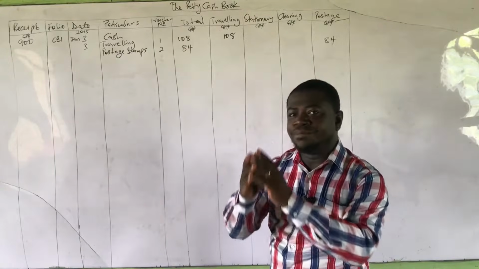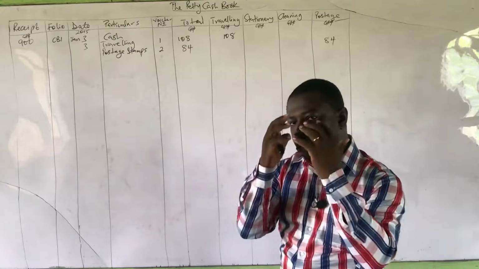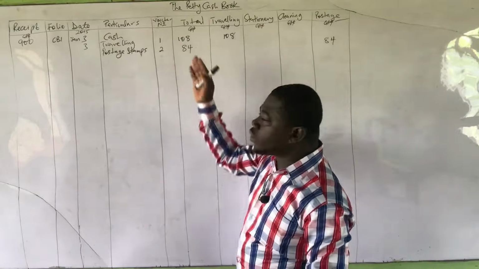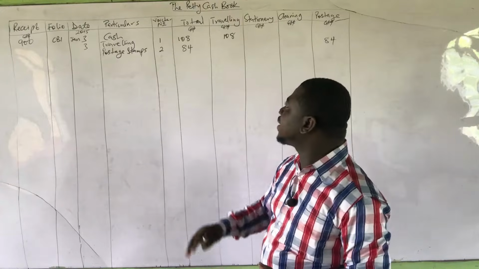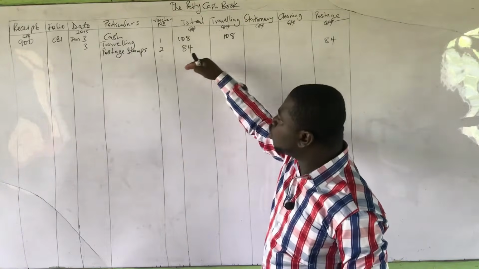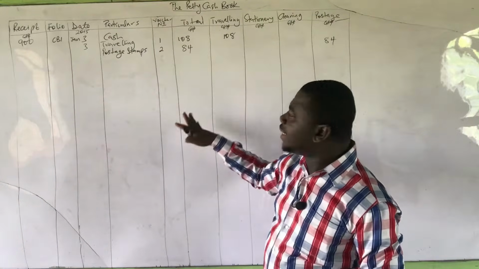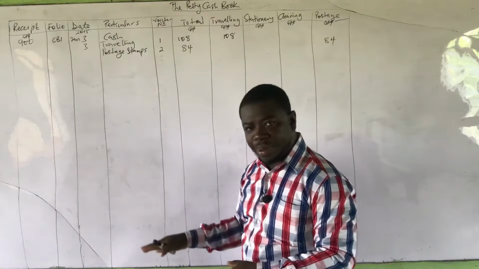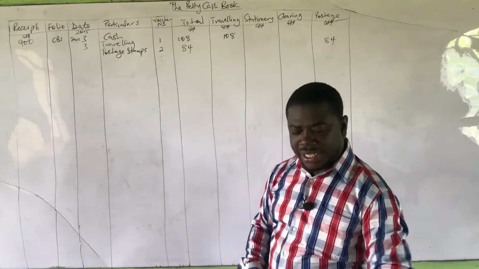This is the main concept that I want you to understand from part 2 of this petty cash: as you continue to spend, you add up. This adding up that you are doing is not going to be done on the paper, but it's going to be done with your calculator elsewhere.